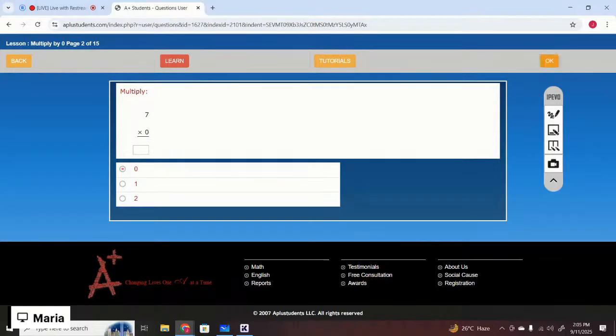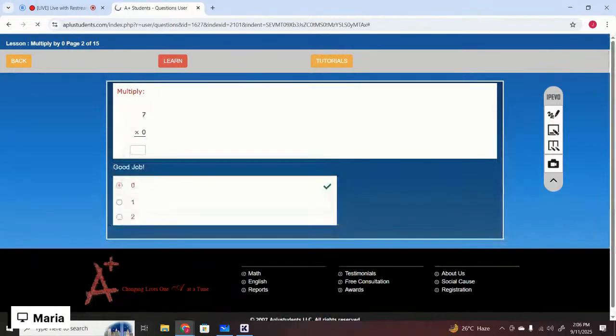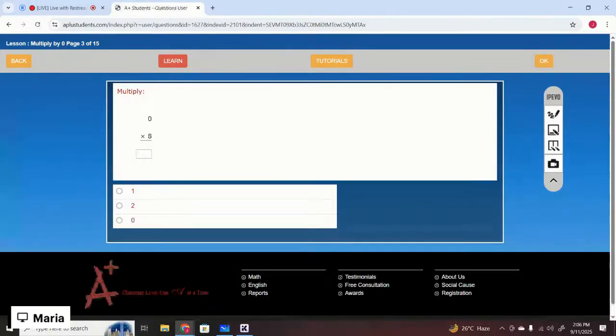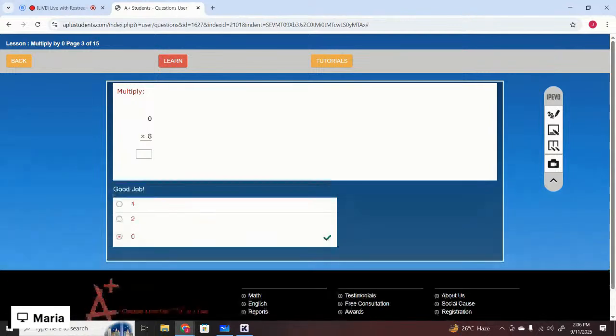Whatever number it is, multiplying by 0 means 0 times 8 is 0. Option number 3 is the correct option.